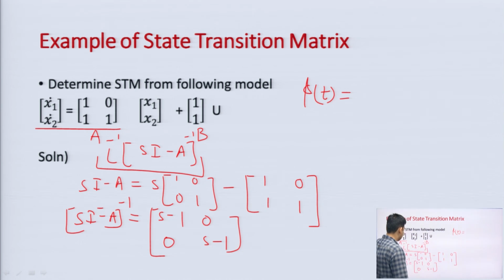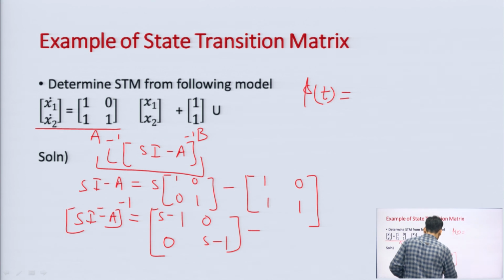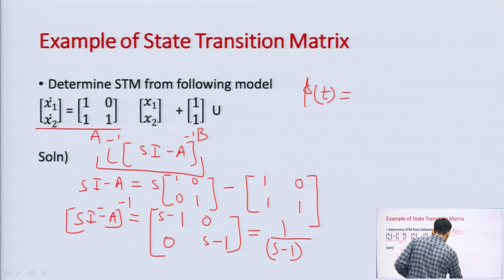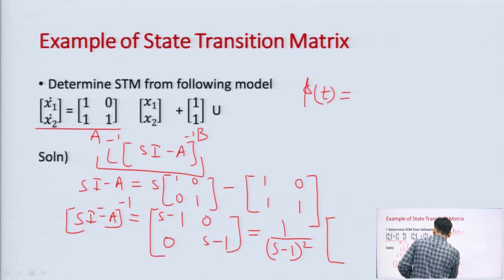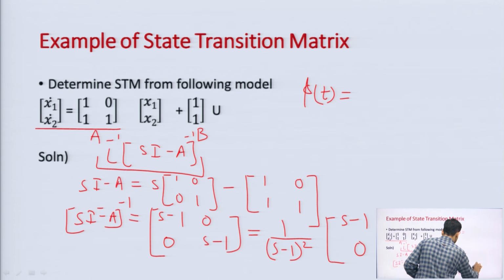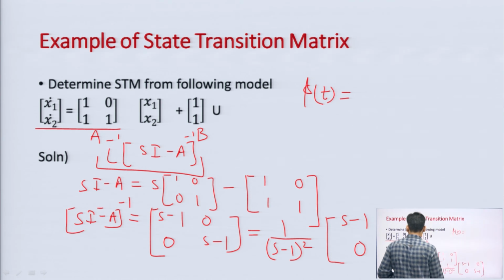For the inverse calculation I need to calculate its determinant. The determinant would be (s-1) whole square, multiplied by the adjoint, where I interchange the diagonal elements only. So, this will be the inverse of this matrix by calculation of the adjoint and determinant.